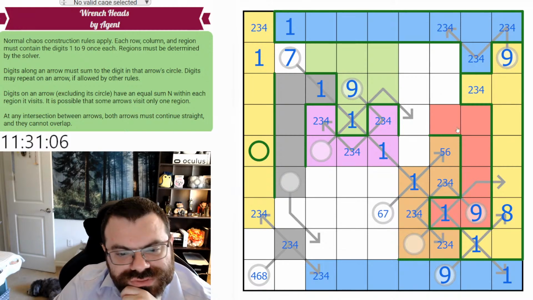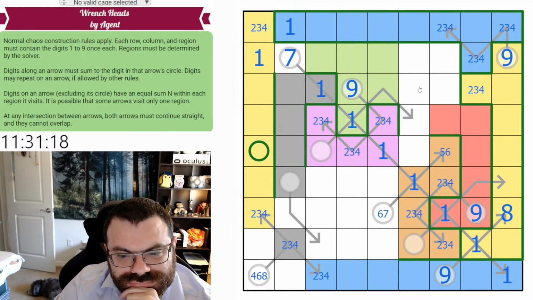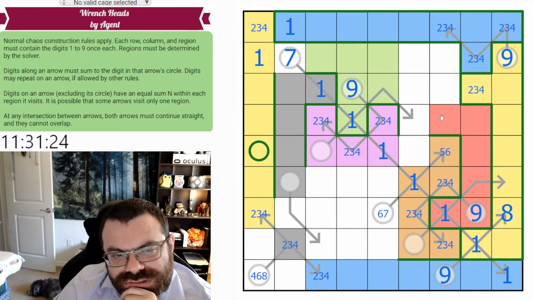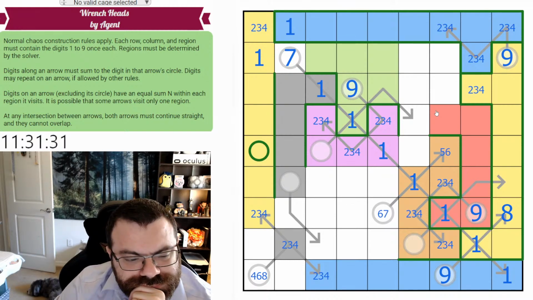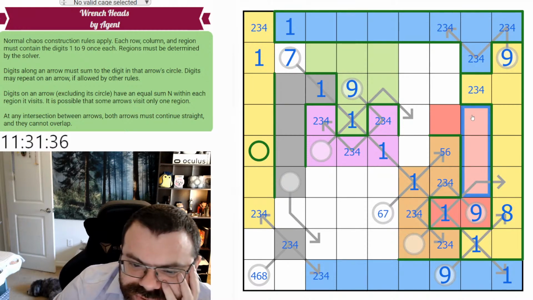Where does red get its 2, 3, 4s? So it gets a 2, 3, 4 from column 8.